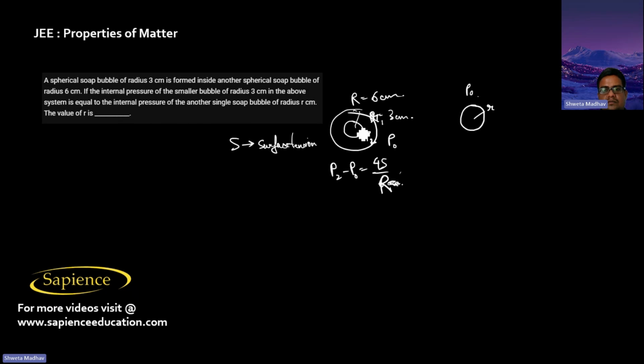The internal pressure of the smaller bubble, let's call this P. It is told that the internal pressure of the smaller bubble is the same as the internal pressure of this single bubble. So let's call this P also.